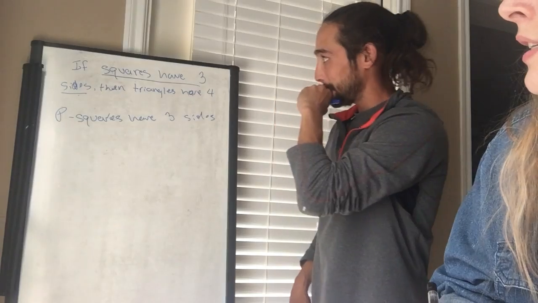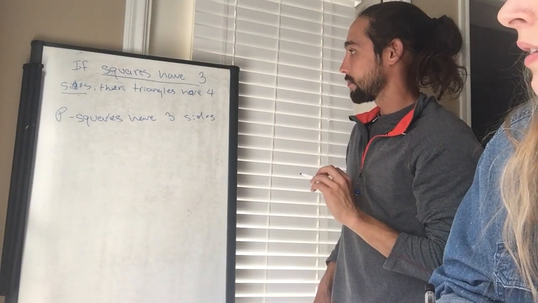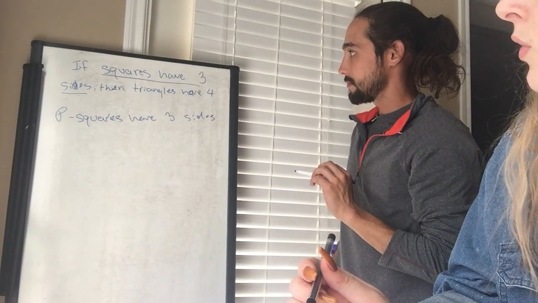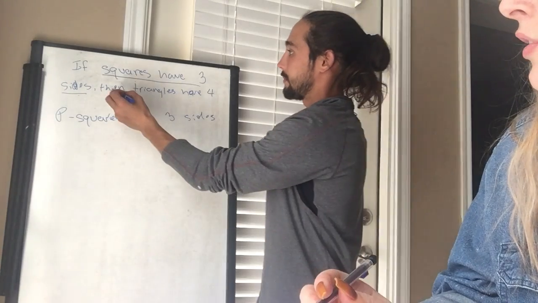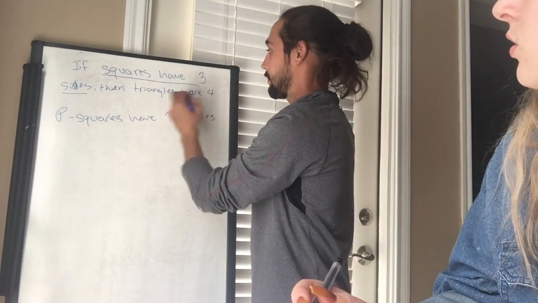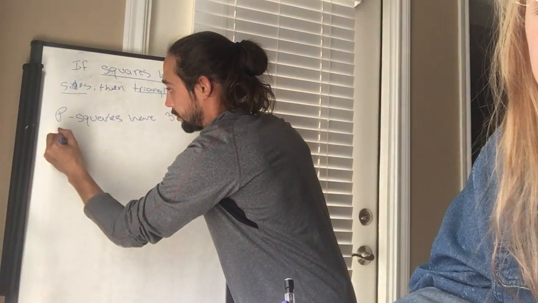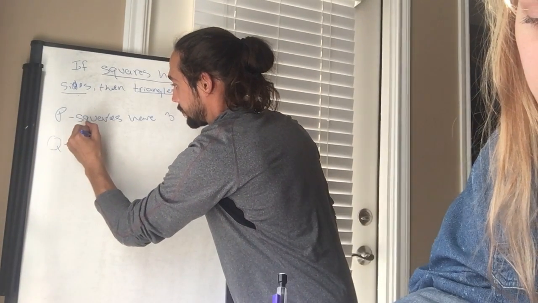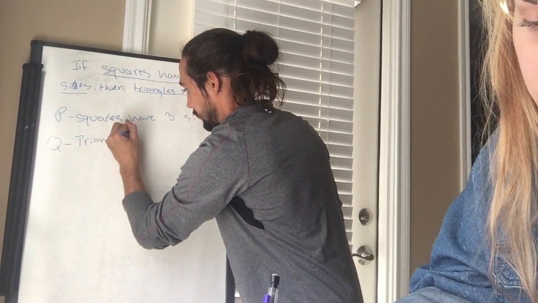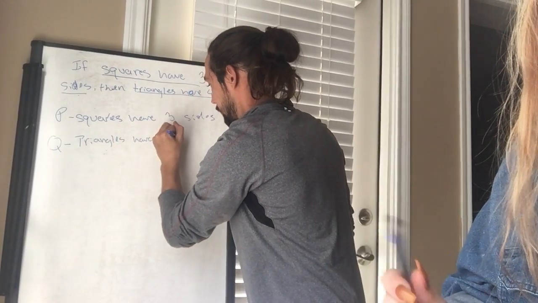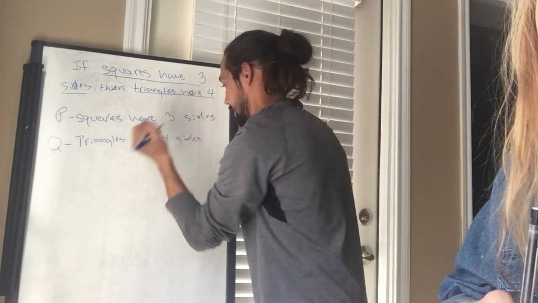Then I see my next part of that translation, then, so I know everything coming after then is going to be the conclusion, which is triangles have 4. Perfect. And so our conclusion is triangles have 4 sides.